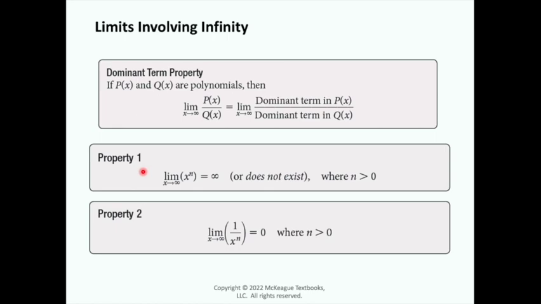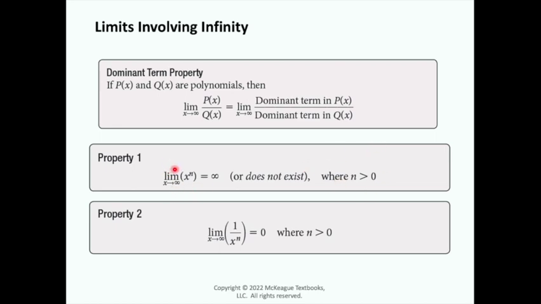So when we're dealing with limits as x approaches infinity, we have some properties that we're going to use, including this one that we just discussed. The first property is if you have x raised to some power and n is greater than 0, this is really important because this property won't work if n is less than 0.